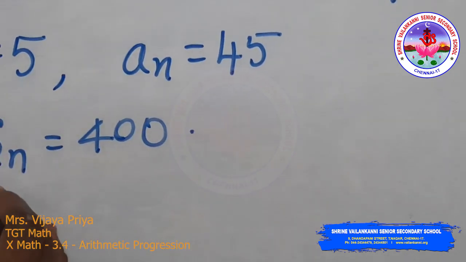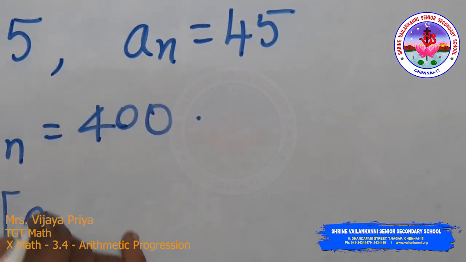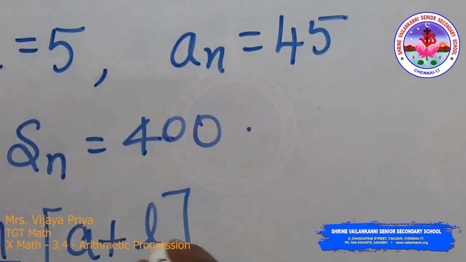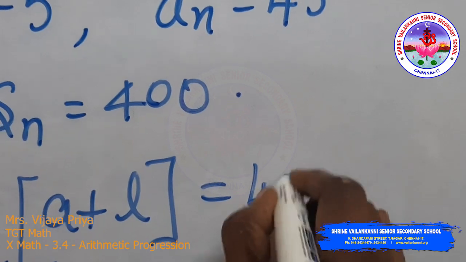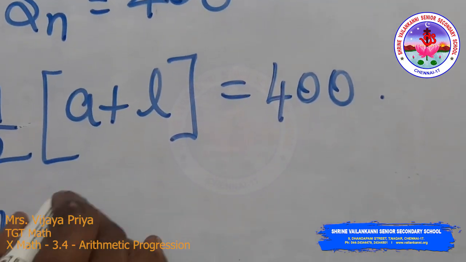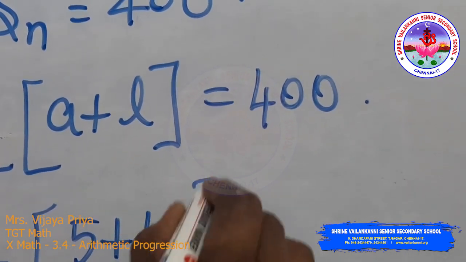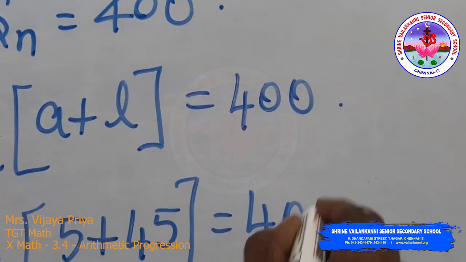So my expansion for Sn is n by 2 into (a plus l), since my last term is known here, which is equal to 400. So my n by 2 into (5 plus 45) is equal to 400.